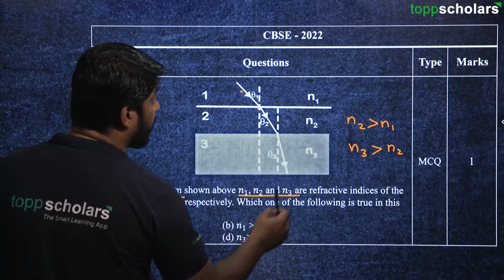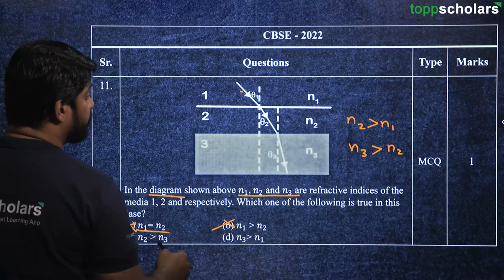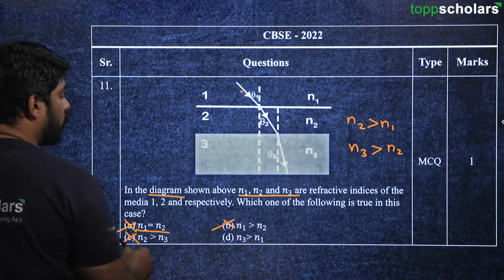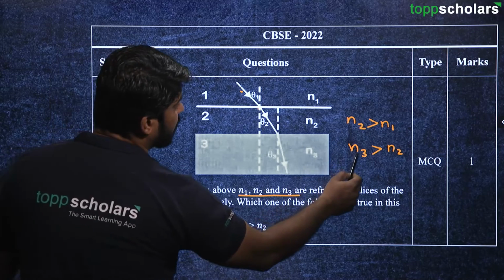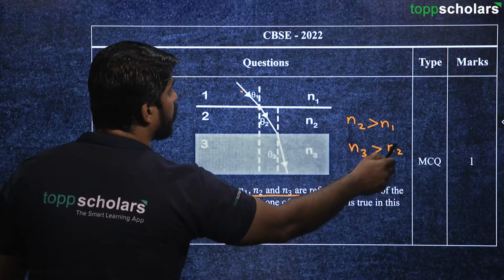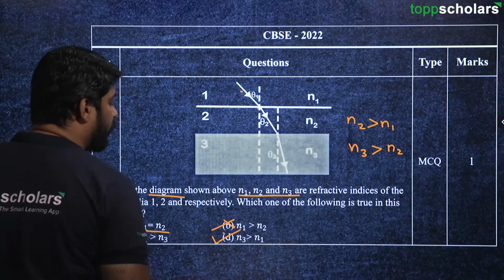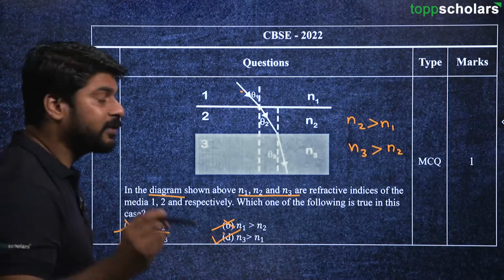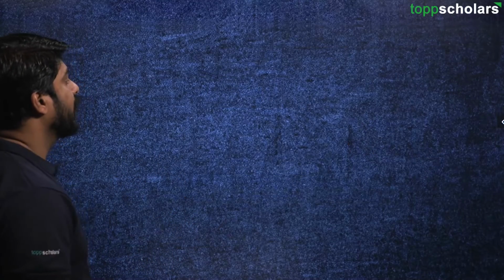N1 is greater than N2, that is also wrong. Then N2 is greater than N3. Again, this is also wrong, but N3 is greater than N1, because you can see here N3 is greater than N2 and N2 is greater than N1. That means N1 is smallest. So definitely this is the correct answer for this particular question. Okay, moving on to the next question.